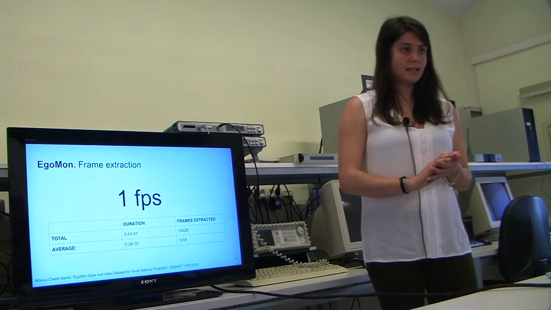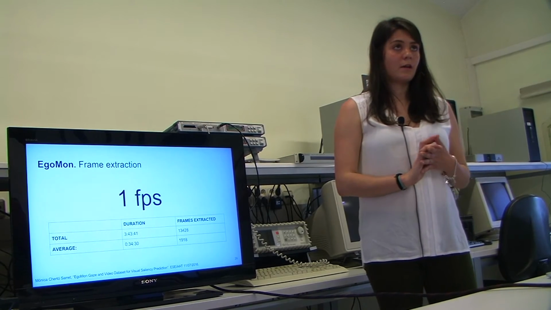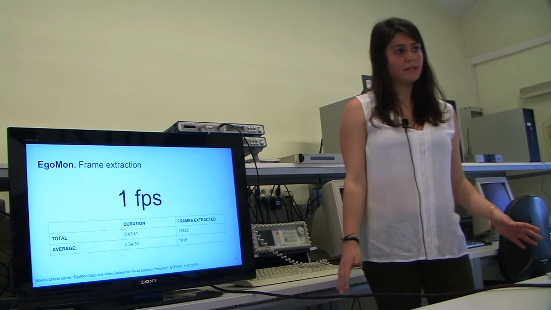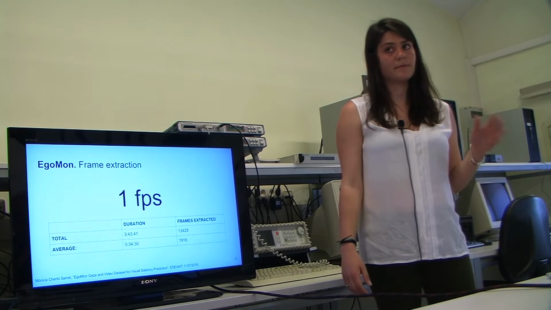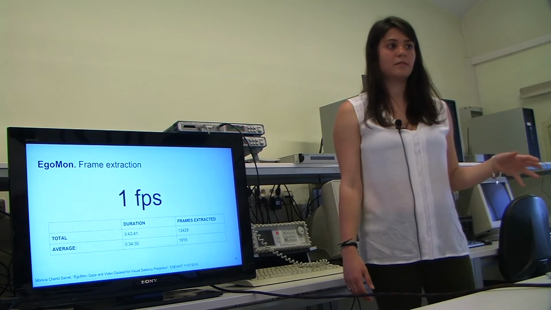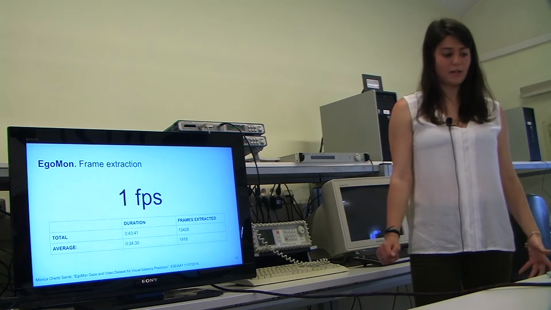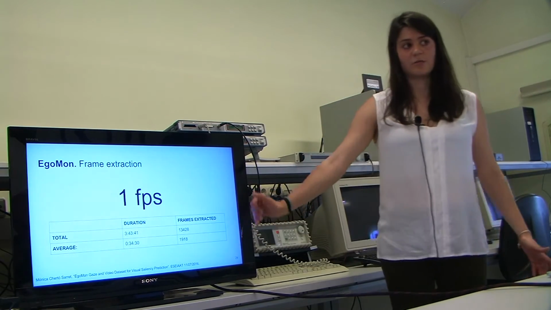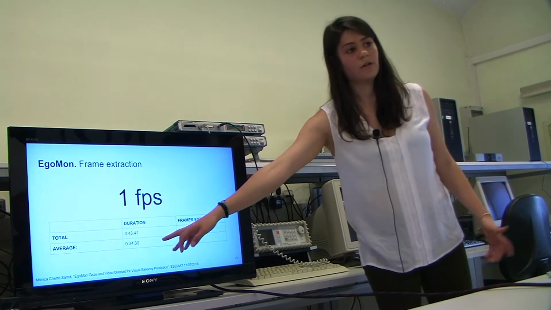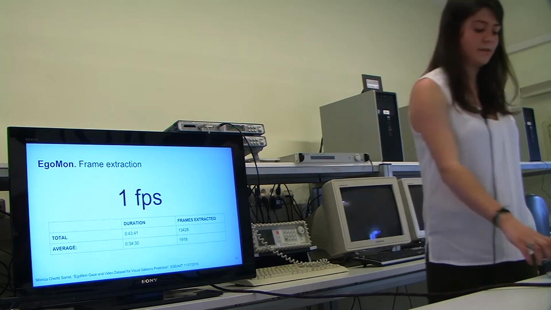We had to decide a sampling of how many frames per second, and we decided to use the same number of images that the state-of-the-art saliency prediction used to train their convolutional neural network. So we decided on 1 frame per second, which gives more or less 15,000 images. We can see here that the average duration of the videos is more or less 34 minutes and 2,000 frames for each video.